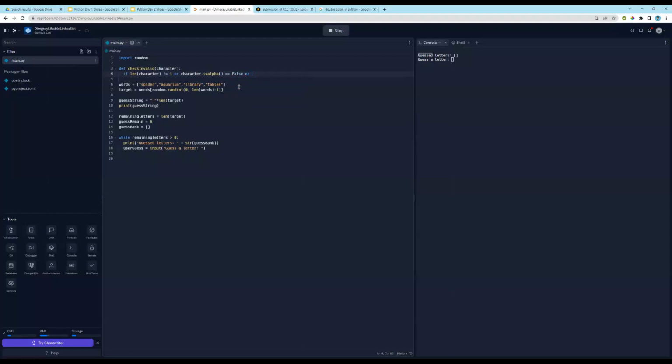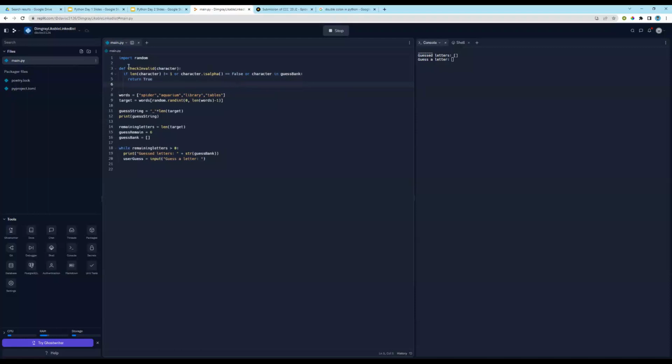Or if we have already guessed the character, so if the character is in the guess bank, all of these conditions lead to us saying this is invalid, so we return true. Else, if it doesn't meet any of these, it will return false. Return basically gives the output of the specific function, in this case check invalid.